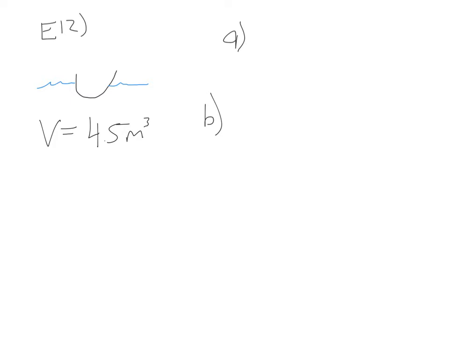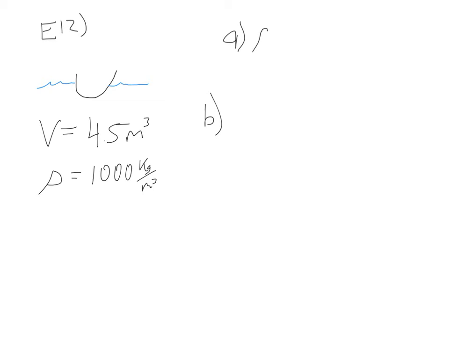The density of water equals 1,000 kilograms per cubic meter. Letter A is asking us what the mass of the displaced water, or the water displaced by the boat, is. So if I know the volume and I know the density, I can figure out what the mass is.